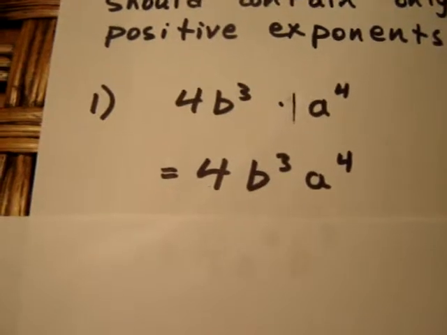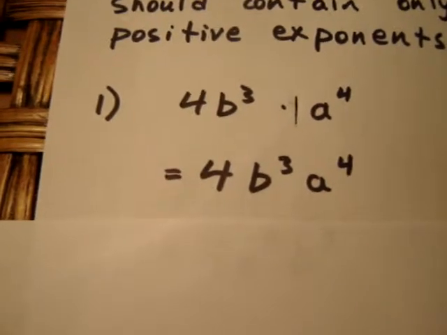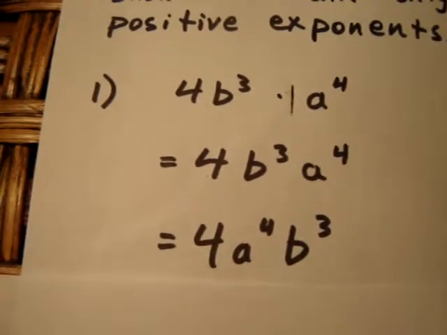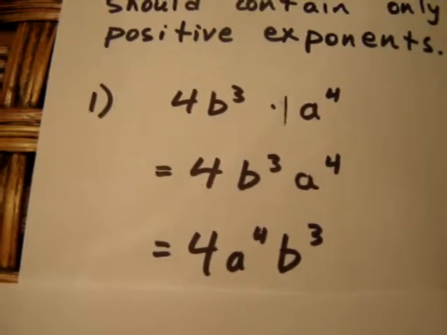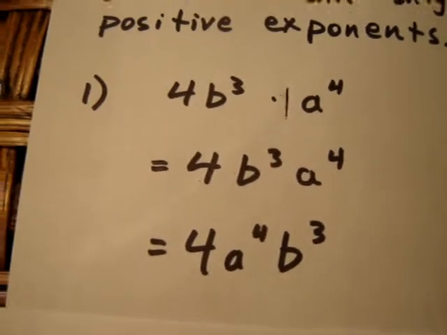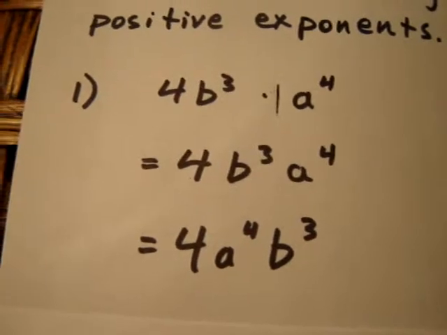And it's convention in mathematics to put our variables in alphabetical order within a term, so we get 4 a to the 4 b to the 3. And that's our final answer. That's a 4 there, by the way. Not an 11, it's a 4. Okay, great. So we move to our next question.